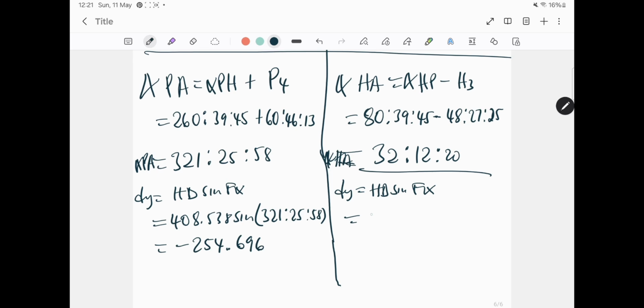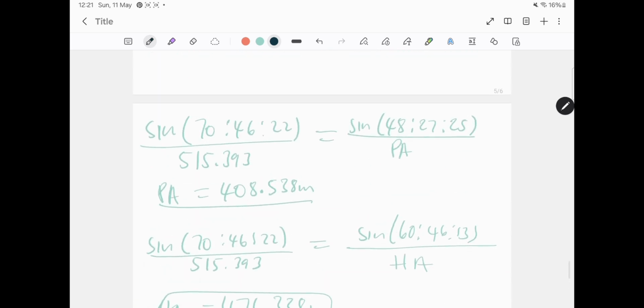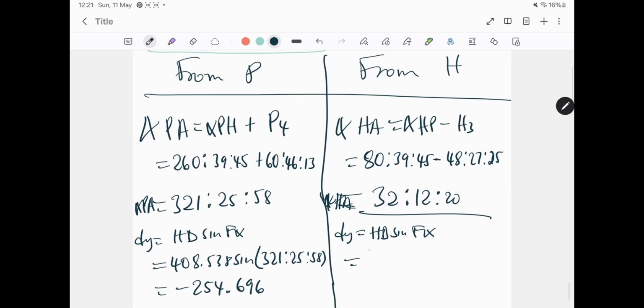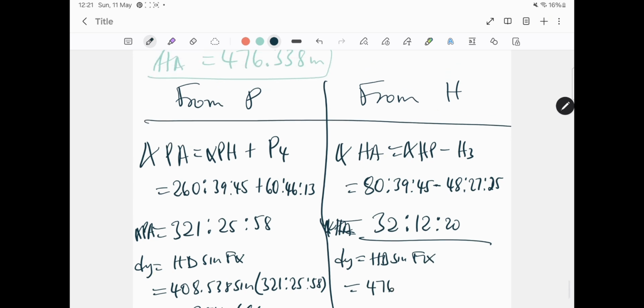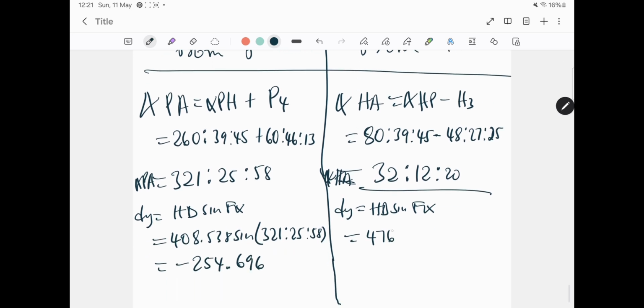This side is going to be the HD of HA. It's 476.338 sine HA, which is 32, 12, 20.